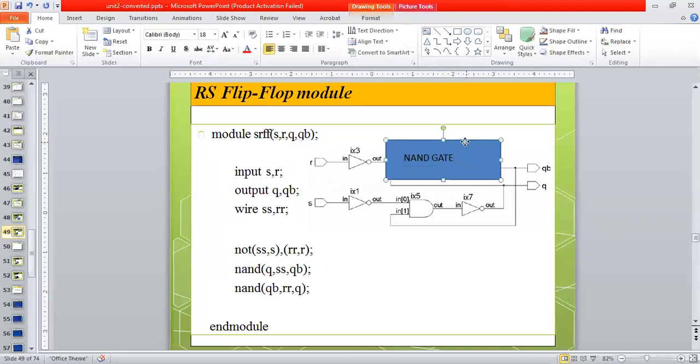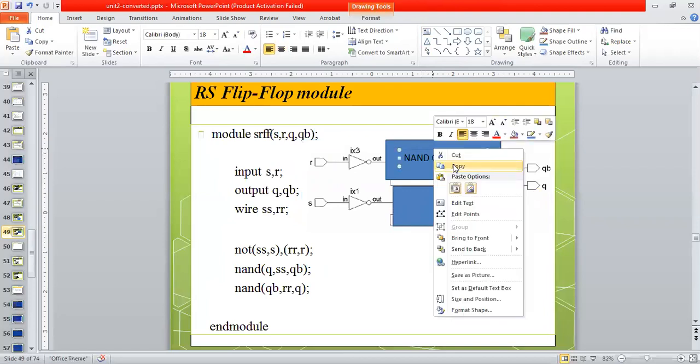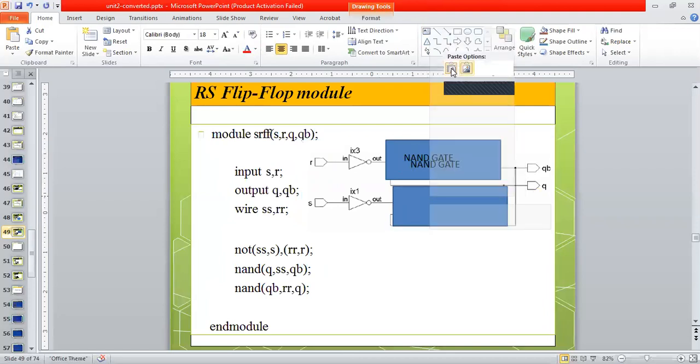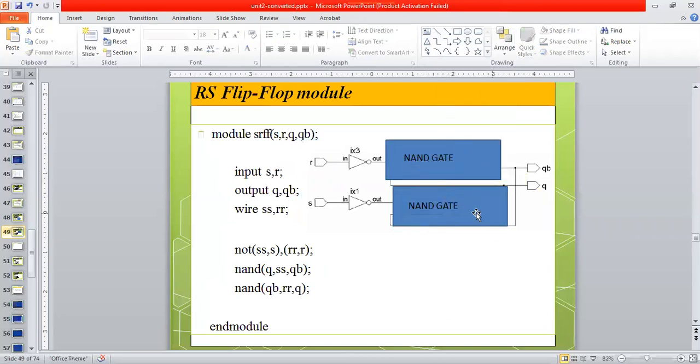Similarly, this is also another NAND gate, and this one is another NAND gate.